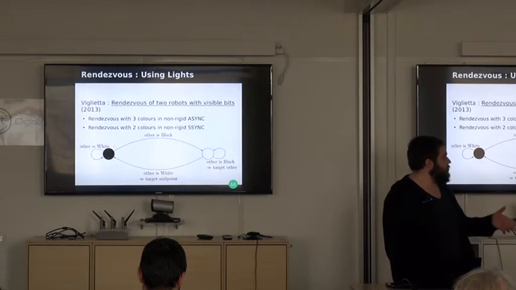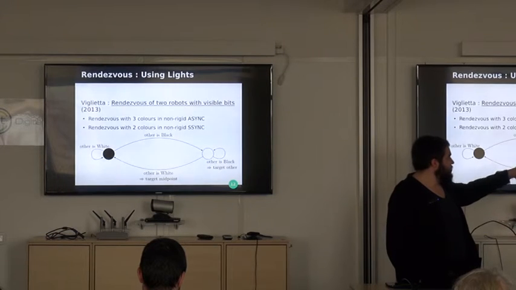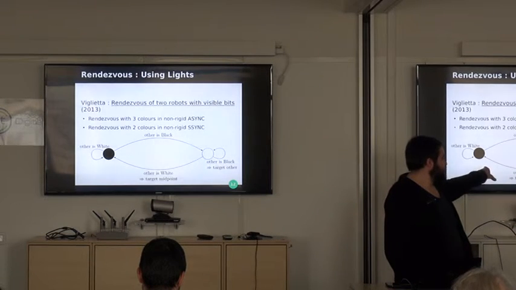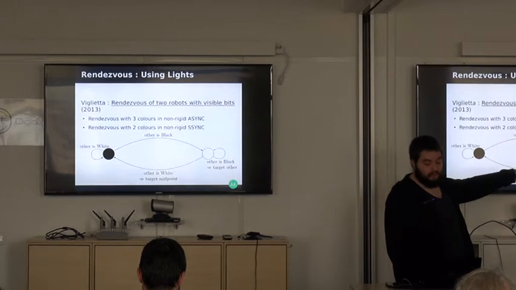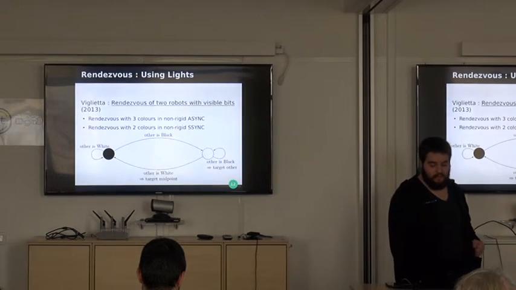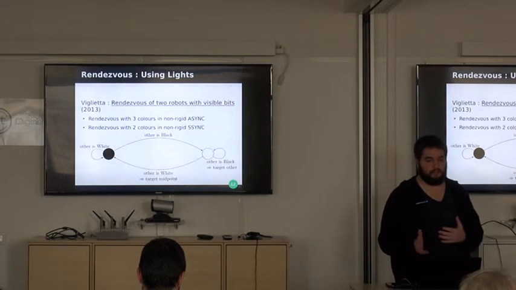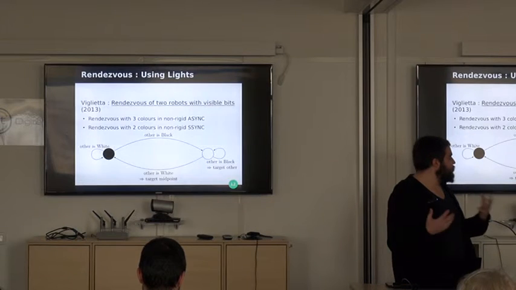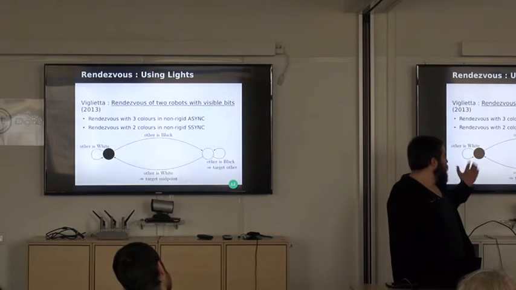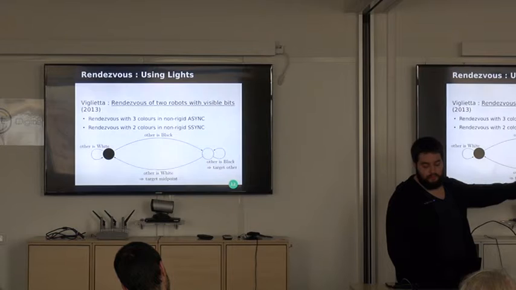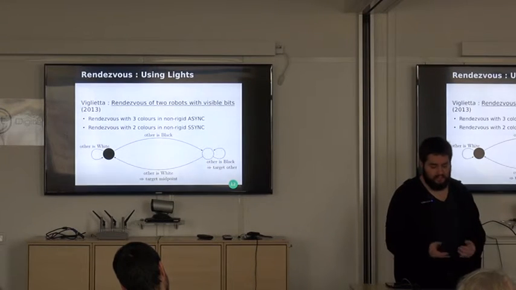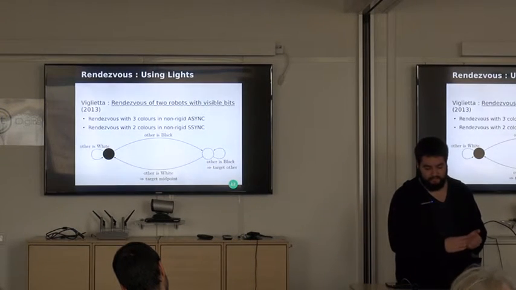If the 2 robots are the same color and they are synchronized, if they are white, they are going to turn black at the same time and move towards the midpoint. If they are black, they are going to turn white and not do anything. And if they desynchronize, one is going to turn black and the other is going to turn white. And now we have 1 robot in each color. One does not move, and the other moves towards the other. That's how we achieve gathering with 2 colors.